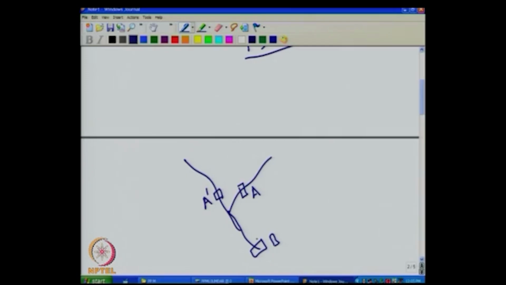So, the flow at B must be consistent in terms of its magnitude with respect to the flow at A as well as with respect to the flow at A dash. This is what we do through what is called a double mass curve. This is the first level of data consistency check that we do.